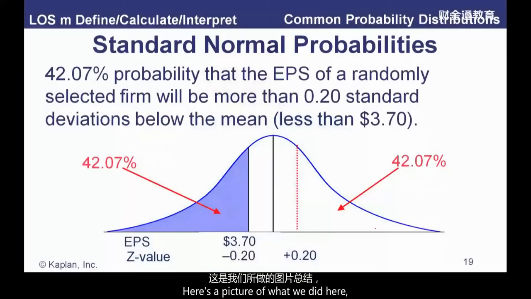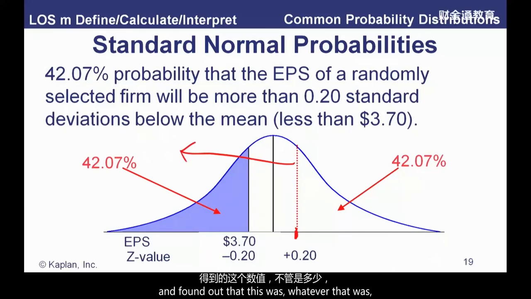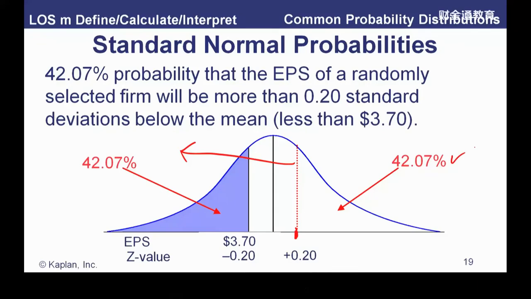So here's a picture of what we did here. We looked up on the table this value right here and found out that this was 57.93 or something, whatever 1 minus this is. Okay.